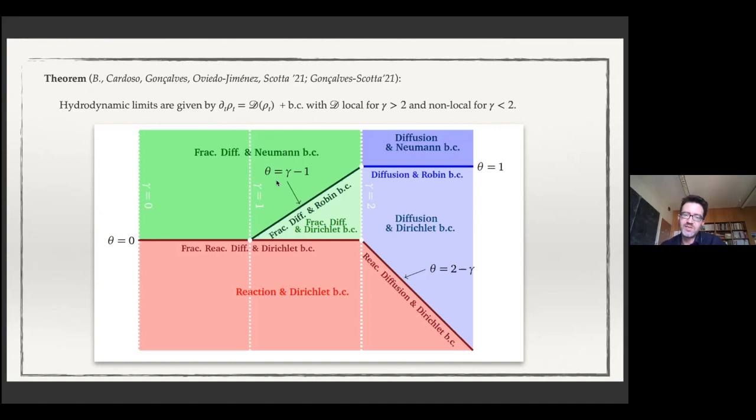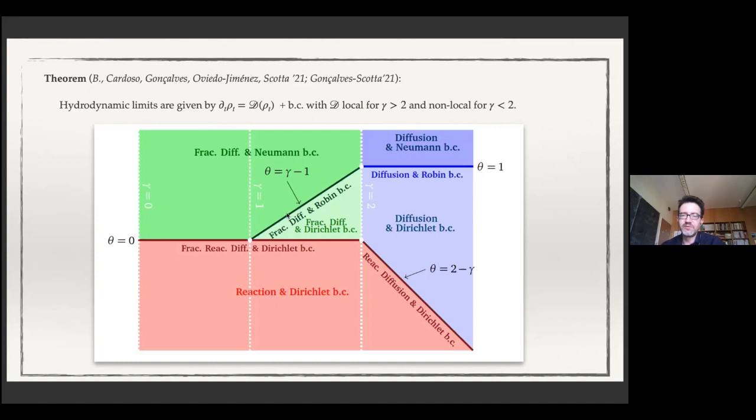And this regime is given exactly for the intensity of the reservoir equal to gamma minus 1. You can ignore this red part, which is just due to the form of the reservoirs. And I will describe more precisely what these equations are on this line, just to have some idea of what we have.